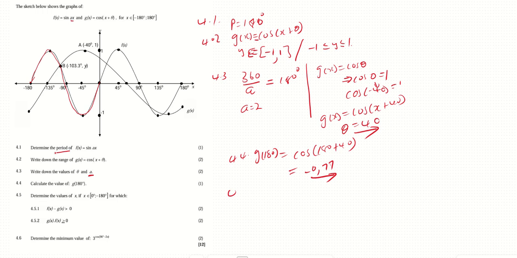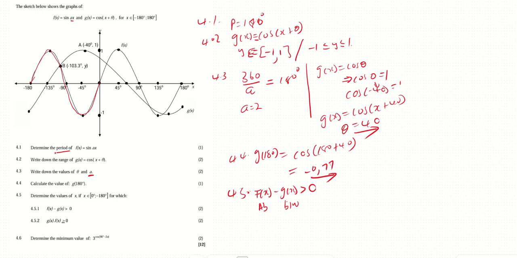Then 4.5, for which values of x in the interval [-180; 180] is f(x) - g(x) > 0. Now looking at this, f(x) minus g(x) is greater than 0. Greater than 0 means positive. So f should be above and g should be below.